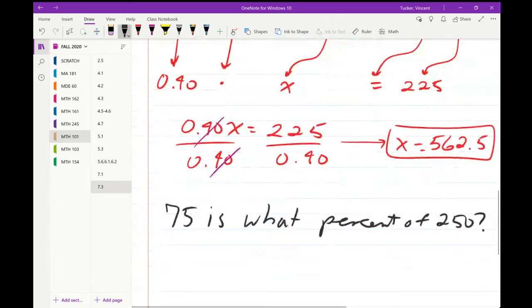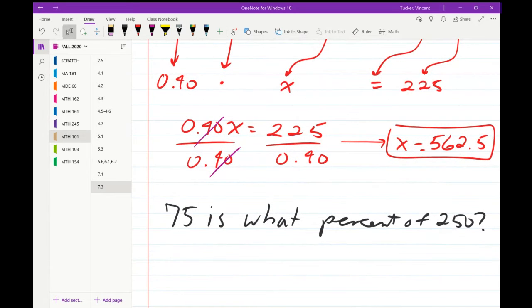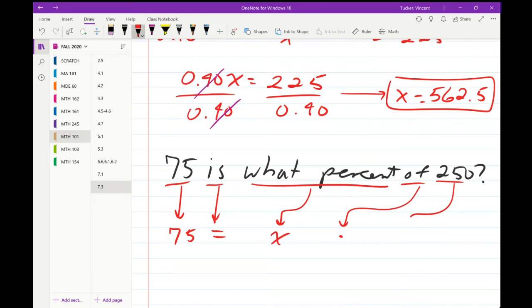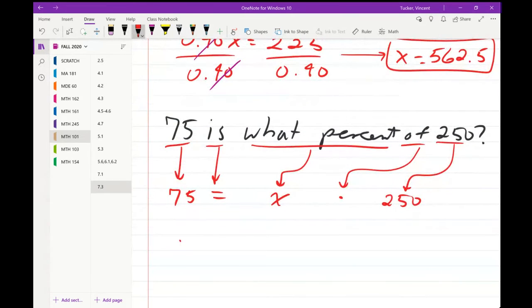All right, next one: 75 is what percent of 250? That's 75 is what percent, which is going to be our X, of is multiplication, 250. So that's 250X on that right side.